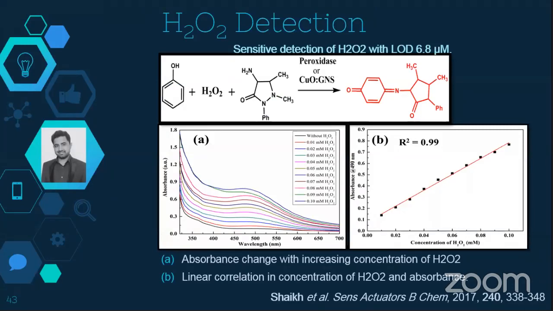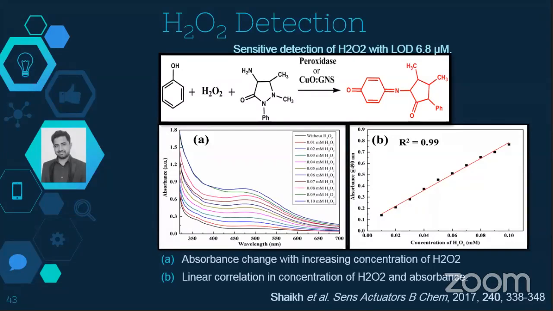And similarly, in linear correlation, concentration of H2O2 and absorbance is highly linear in nature. So this means that our probe is working very well for detection of H2O2, and thus the LOD, that is limit of detection, for H2O2 sensing was found to be 6.8 micromolar.